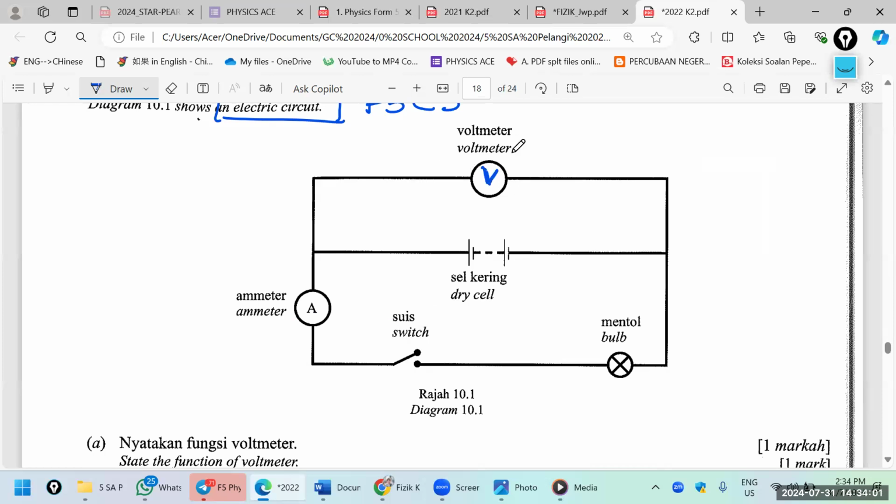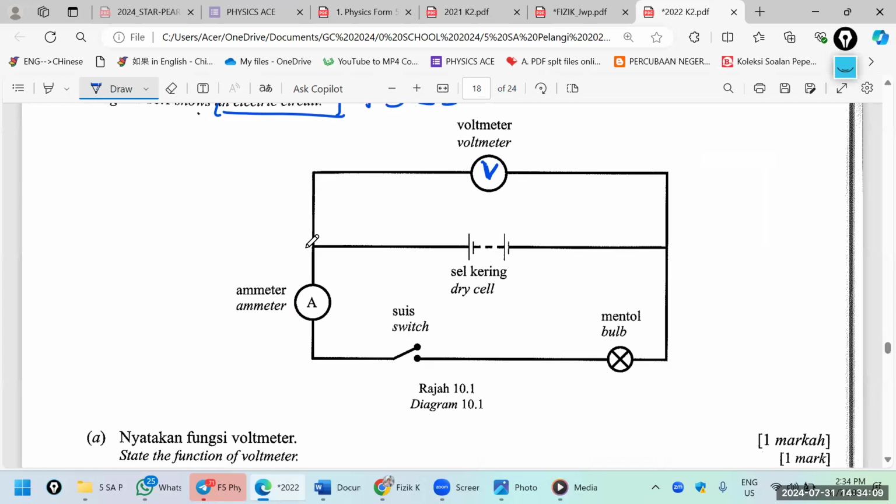When a voltmeter is connected in this way, is it measuring EMF or potential difference? Yes. Look at the dry cell, the battery, and at the ends of the dry cell you connect a voltmeter. Actually, they are measuring EMF, right?